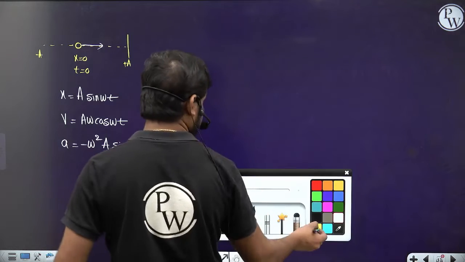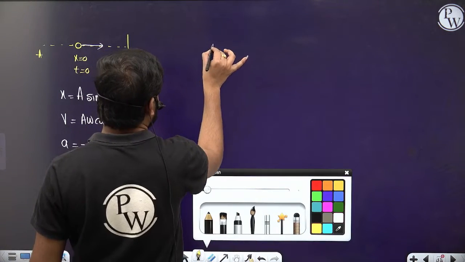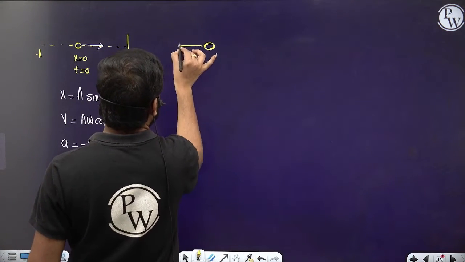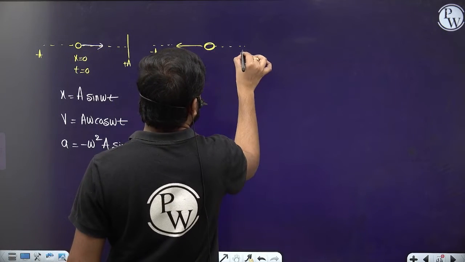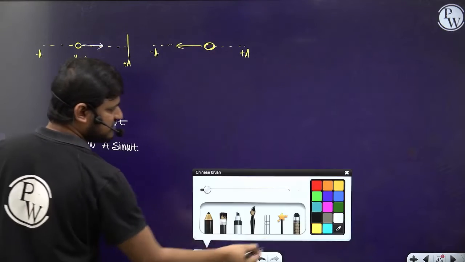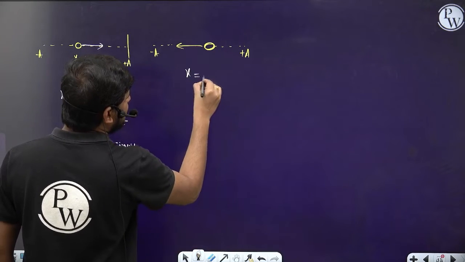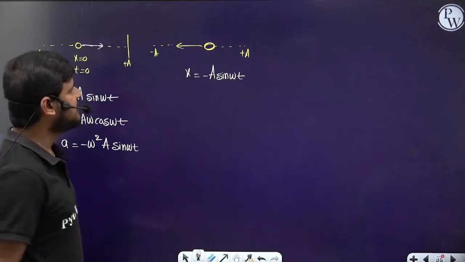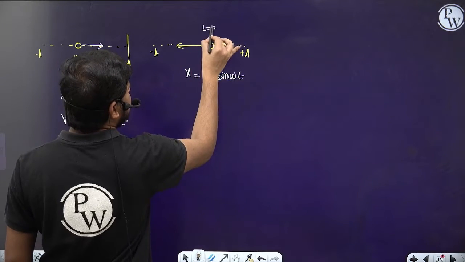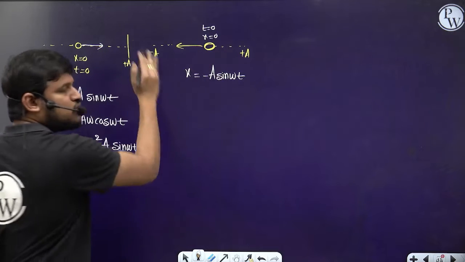Chal. So the second case is if it is from the mean position towards the left extreme position. Here it is minus a, here it is plus a. In this case, the equation of S.H.M will become x equals minus a sin omega t. At time t equals 0, x equals 0, but it is moving towards the left extreme.